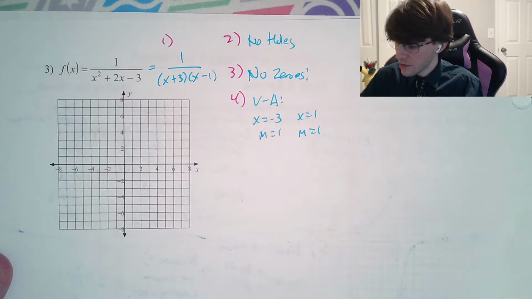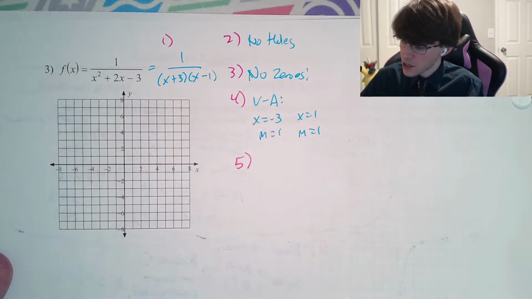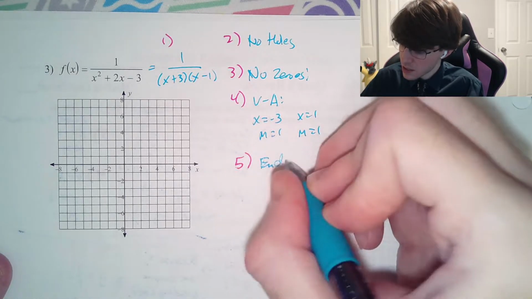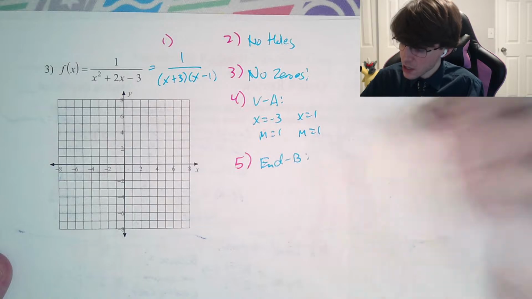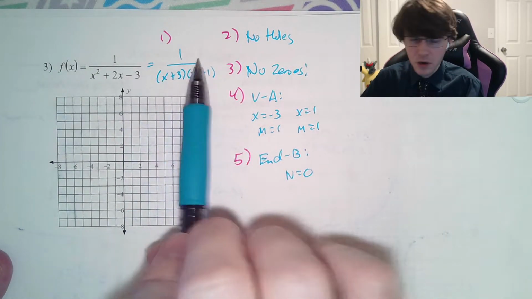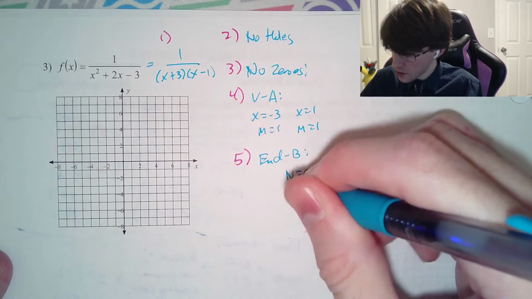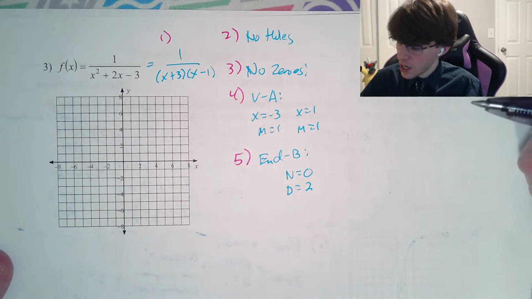And now that you have that, we can go on to step number 5 for that end behavior. So the end behavior here, the numerator's degree is 0 because there are no x's, so it's a 0th degree polynomial, we say. And for the denominator, the degree is 2.